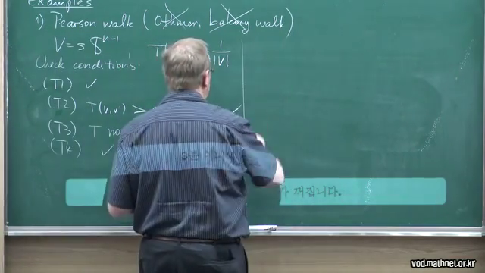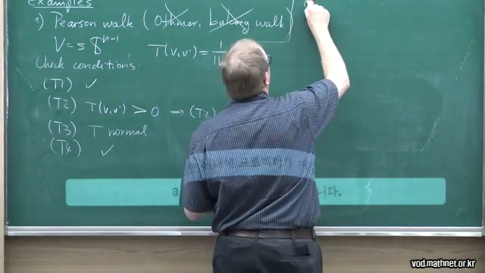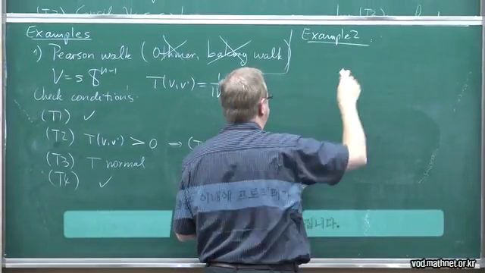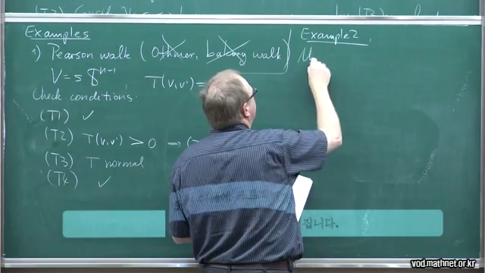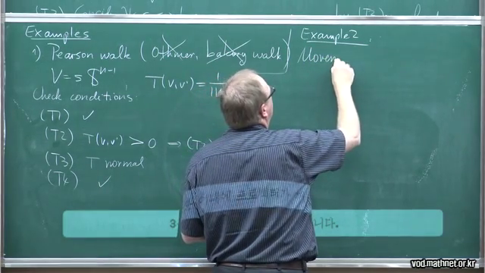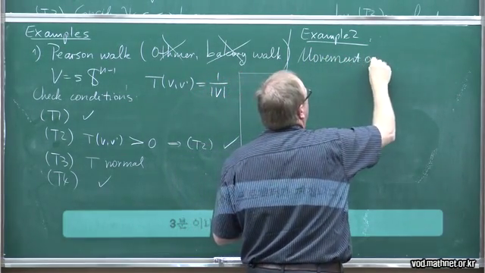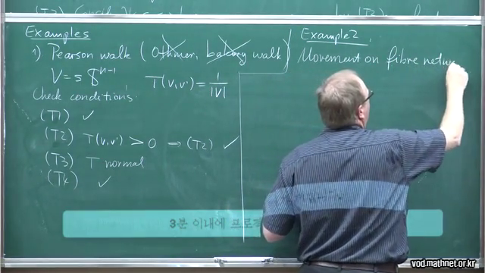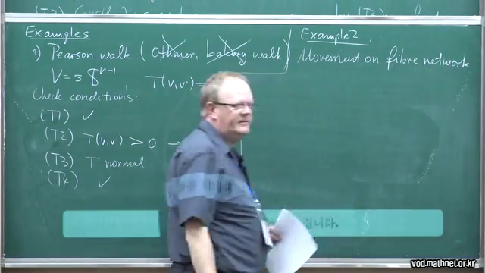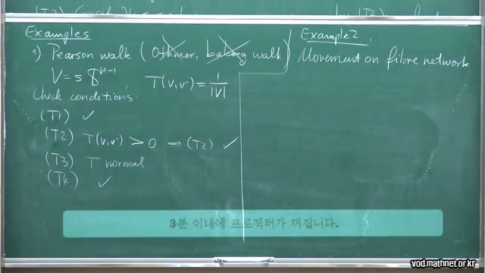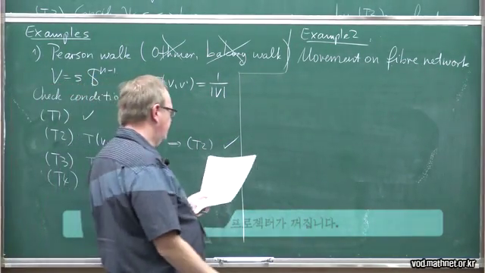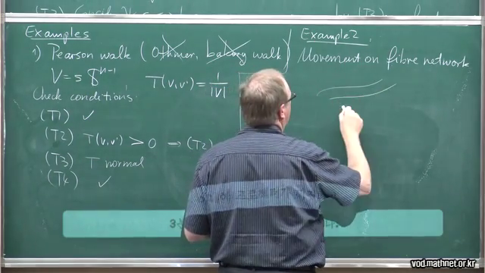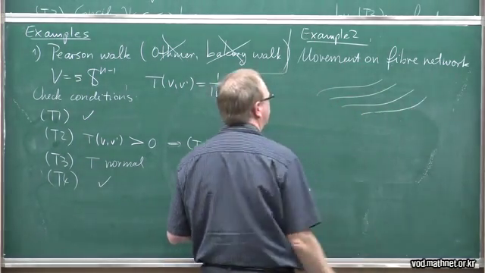So let's do another example. And this is movement on a fiber network. This is basically the model which I will use later for the brain tumors, for example. So the idea is you have some fibers given in the background, so it could be nerve fibers in the brain, for example.